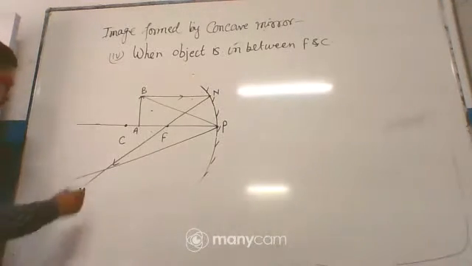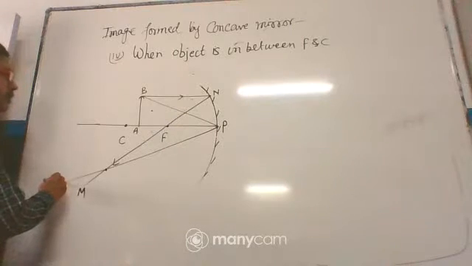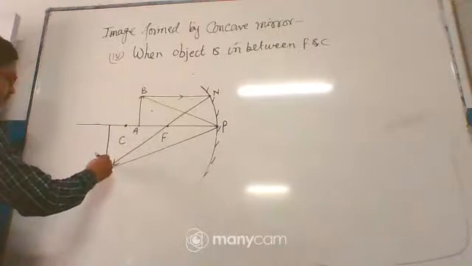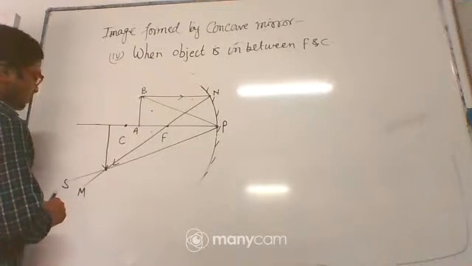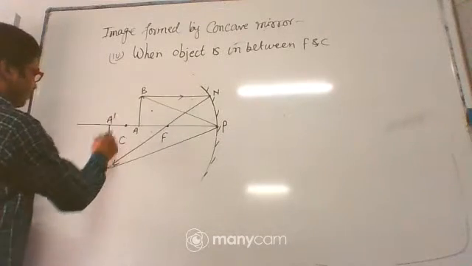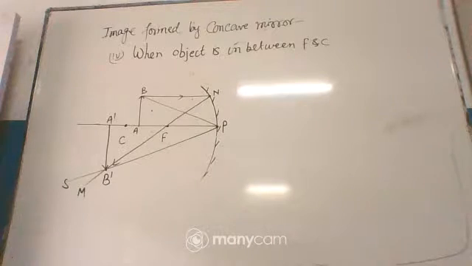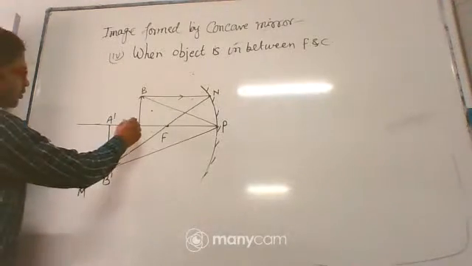Now this is the point of intersection of the two rays, so this is the point where the image is formed due to the reflection. This one is the position of the image, A dash B dash, and this one is the object.